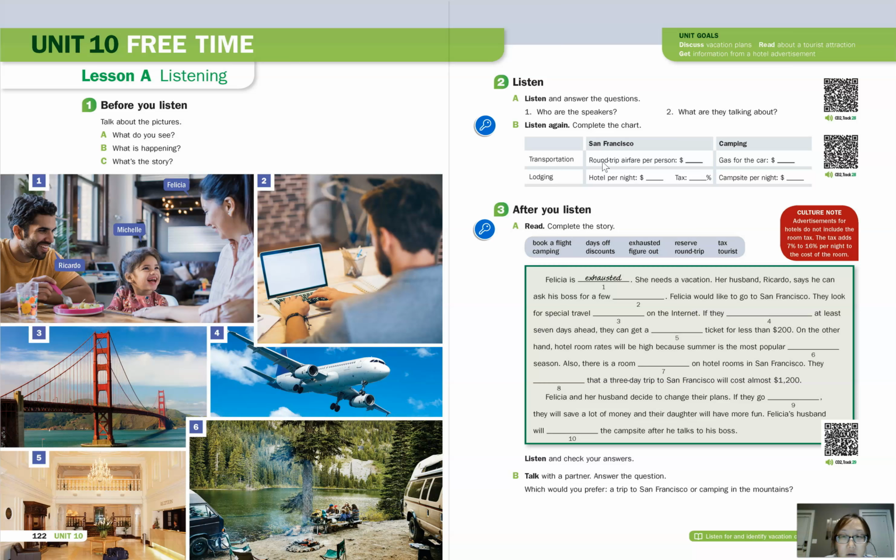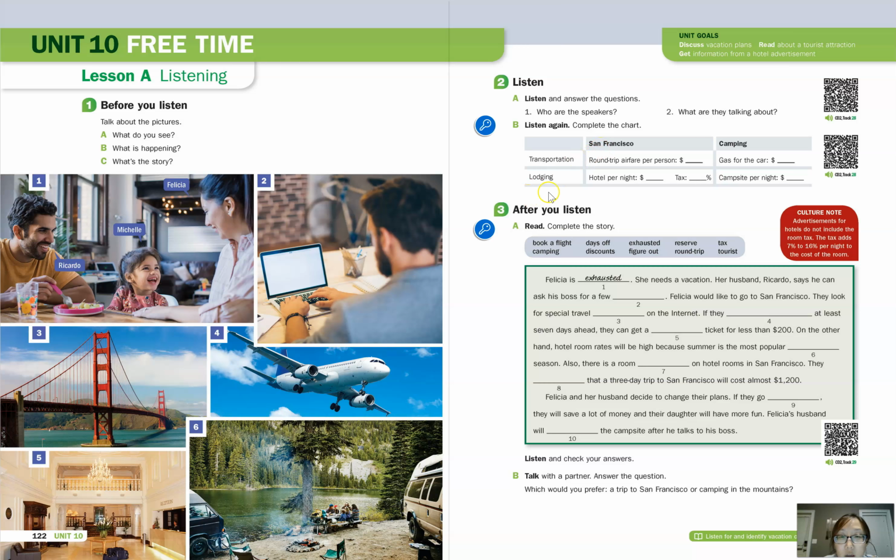Okay, so we can say the airfare will be $200, or you can use this category name and you can say the airfare will be $200 per person, or the round-trip airfare will be $200 per person. Okay, and then how much is the lodging if they go to San Francisco?